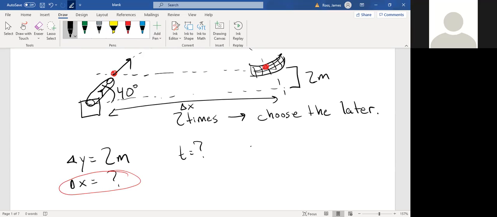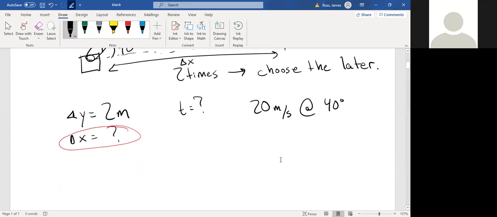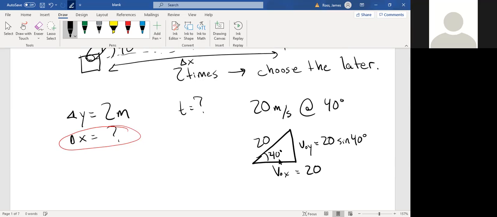We know our initial velocity, though, was 20 meters per second at 40 degrees. So we need to use some trig and figure out the x and y components. So our v naught y will be 20 sine 40, and our v naught x will be 20 cosine 40.